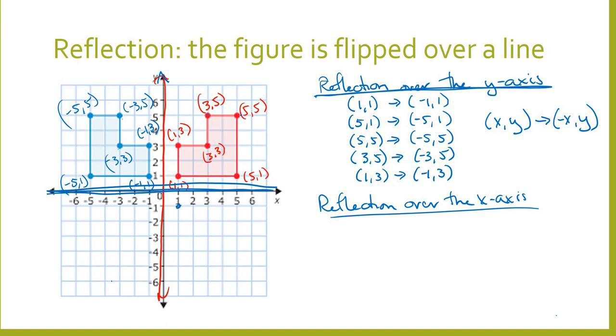So (1, 1) comes down to here. (1, 3) comes from this position all the way down to this position. (3, 3) comes from here all the way down to here. Continue in this pattern until you get all your points. I'm going to have you pause the video, finish your reflection, and then find the ordered pairs for your image.